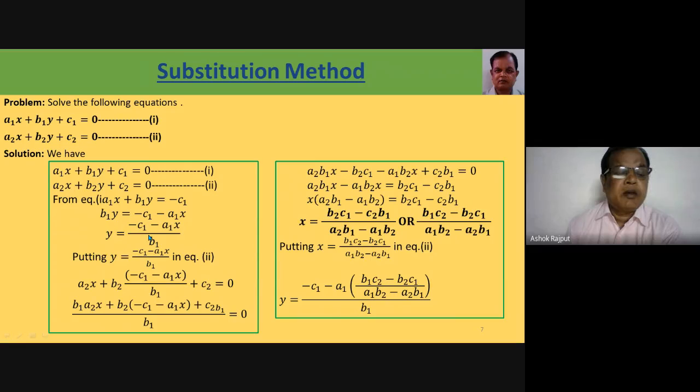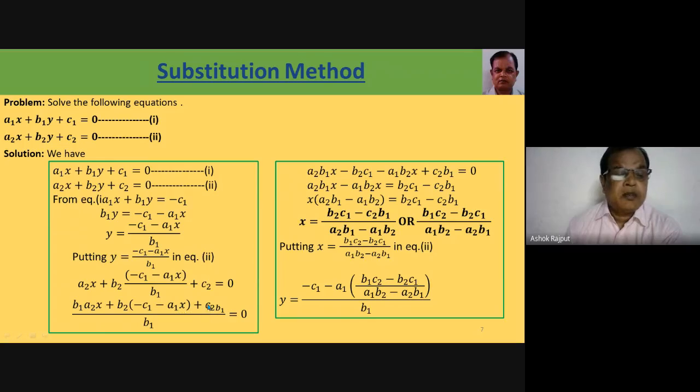Then putting the value of this y in the second equation, we have written here a2x plus b2y plus c2 equal to 0, then a2x plus b2, in the bracket we write the value of y, minus c1 minus a1x by b1, plus c2 equal to 0, and then we take the LCM and simplify it.